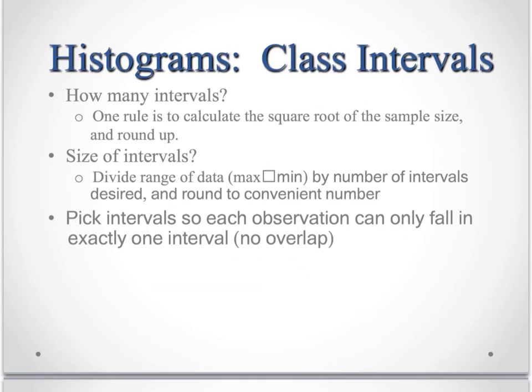And then the size of the intervals, you take your range of the data, which is the max minus the minimum, and you'll divide that by the number of intervals you want. So if you have a range of data that's 100 and you want 10 intervals, each interval would be a size 10. And then you want to make sure that you don't have any overlap in your intervals, and we'll talk about that when we look at one done for us.